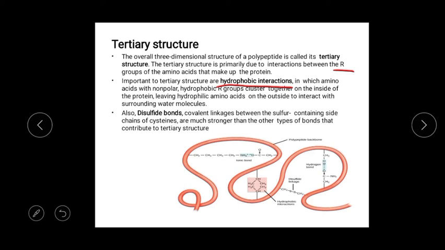Disulfide bonds can also be seen here. That is the tertiary structure: sulfur bonds, hydrophilic amino acids outside and hydrophobic amino acids inside.